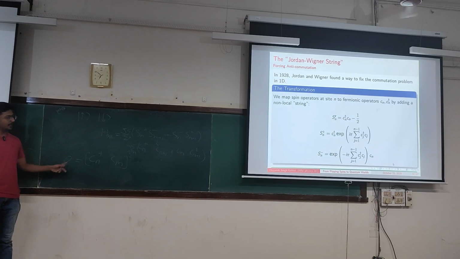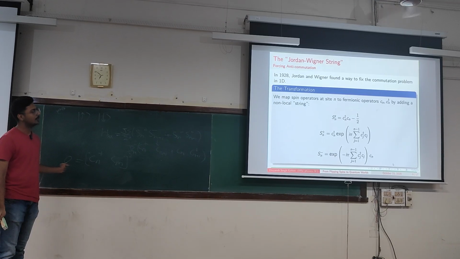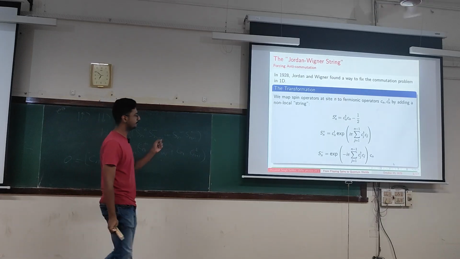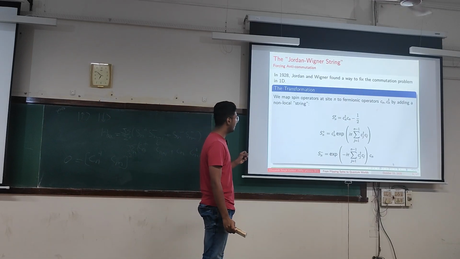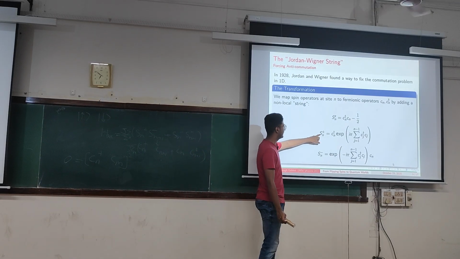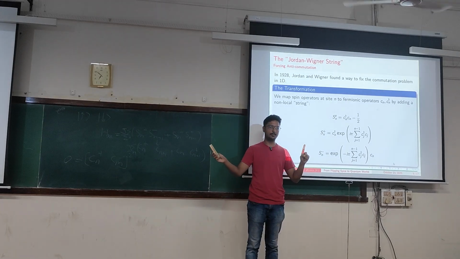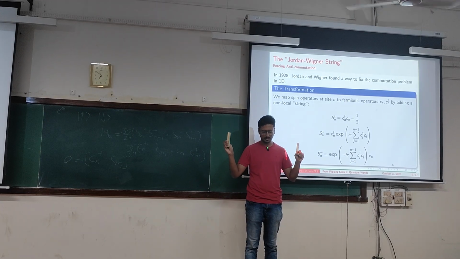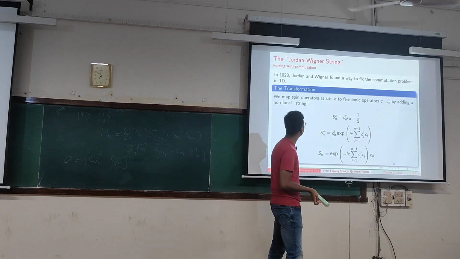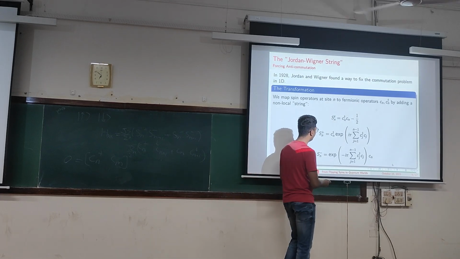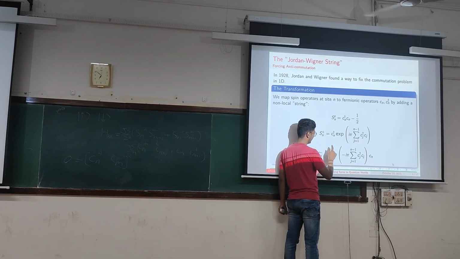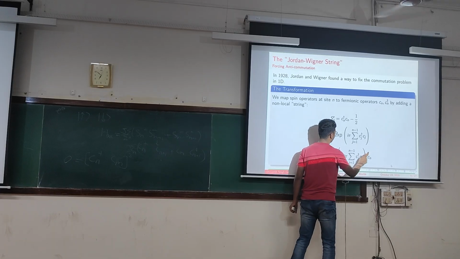To make them commute, we need to transform this S_n plus and S_n minus in such a way that any two sites also commute. So to do that, we define S_n plus and S_n minus in a new fashion.